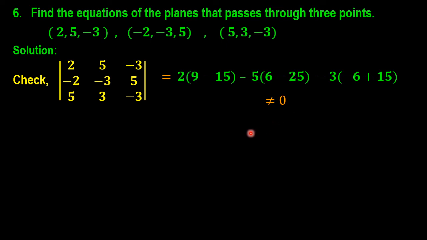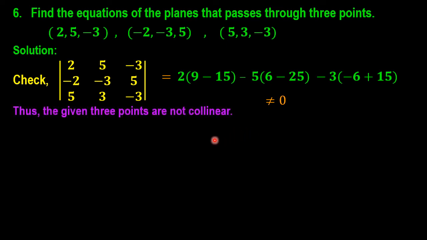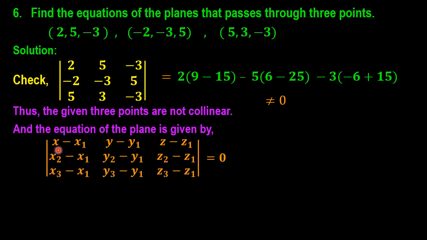Now let us write the formula to find the equation of the plane, and it is given by the determinant with rows x minus x1, y minus y1, z minus z1; x2 minus x1, y2 minus y1, z2 minus z1; x3 minus x1, y3 minus y1, z3 minus z1, equals 0.